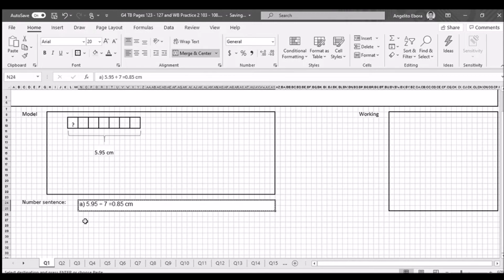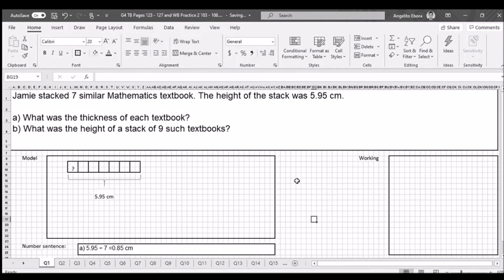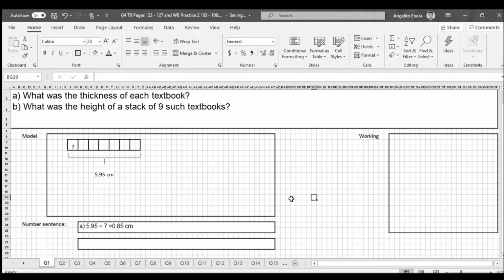How about letter B? For letter B, what was the height of a stack of 9 such textbooks? We know that each textbook has a height of 0.85. That's for each textbook. Now, if there are 9 textbooks, how do we solve it?